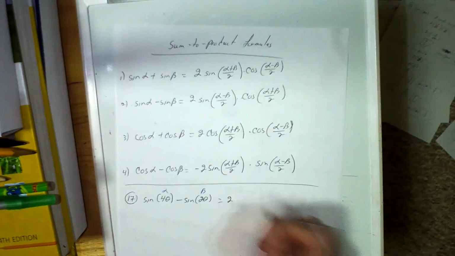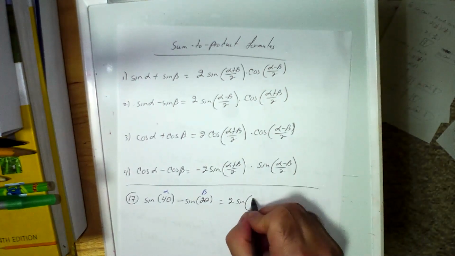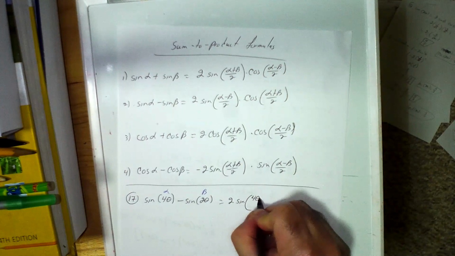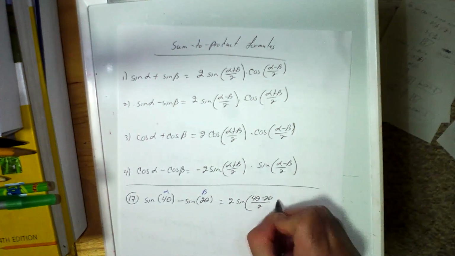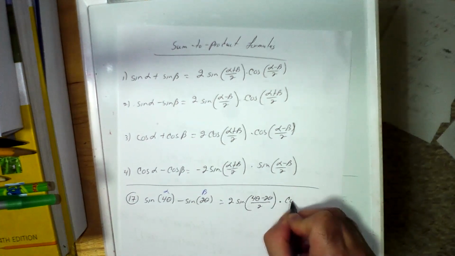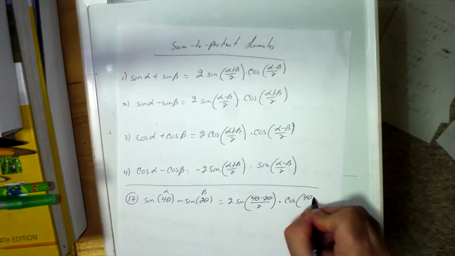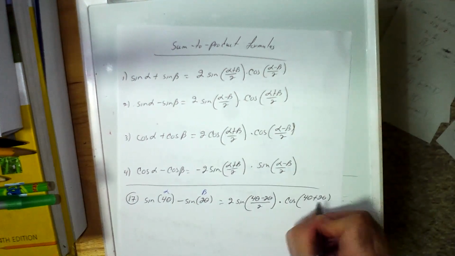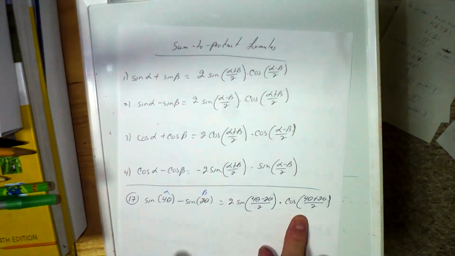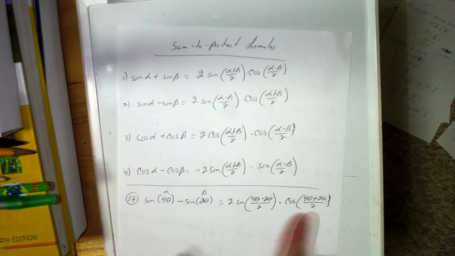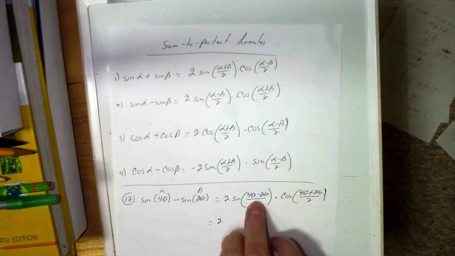So 2 sine, parenthesis, 4 theta minus 2 theta, divided by 2, times cosine, 4 theta plus 2 theta. Okay, so you want to make sure that you wrote down the problem right and the formulas right before you start to simplify. So all you do here is simplify the parentheses.